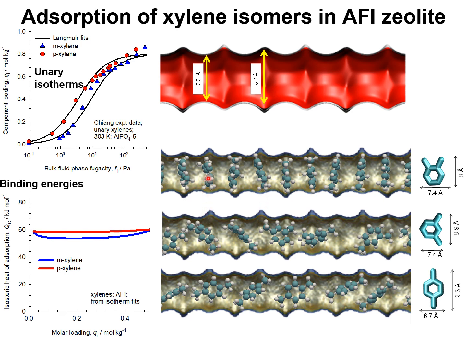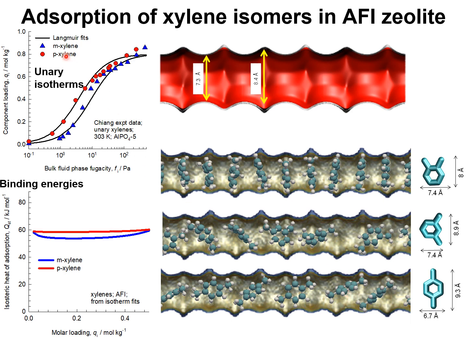Orthoxylene is different from the other isomers because it can align itself nicely face to face in these grooves, and has a higher saturation capacity than the meta isomer and the para isomer.